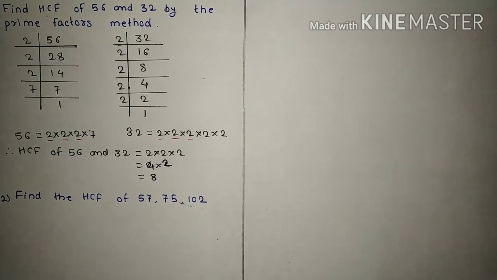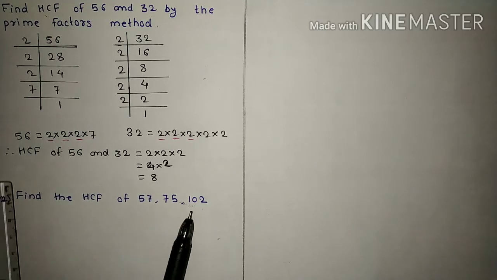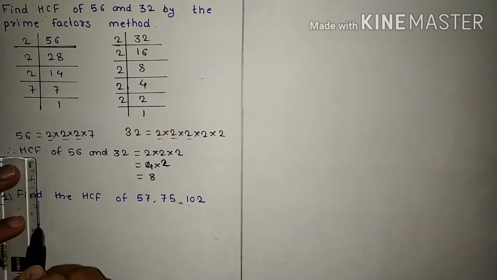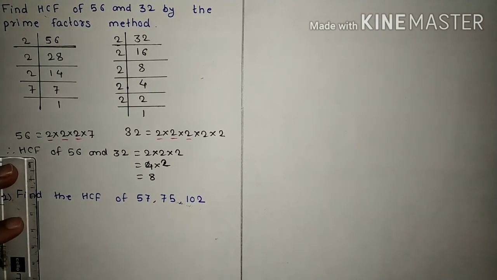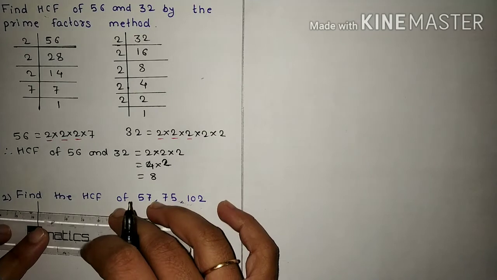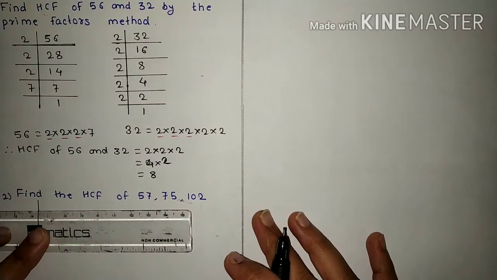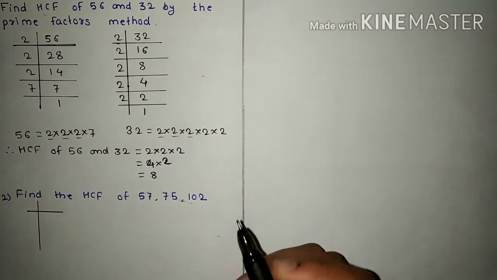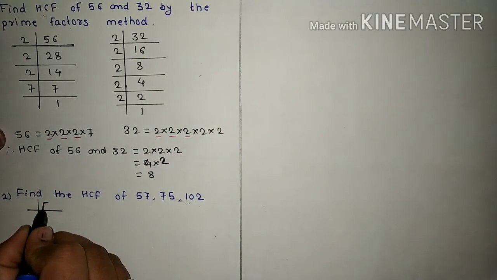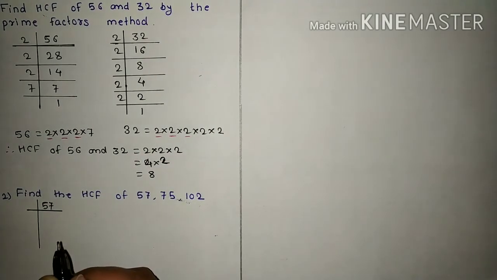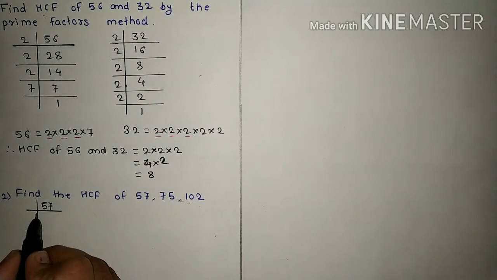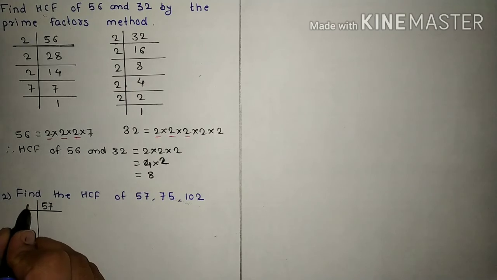So by vertical arrangement, first we have to find prime factors of each number. So first we find prime factors of 57 by using vertical arrangement. So we write the number in this way, 57. 57 is divisible by which prime number? 3.